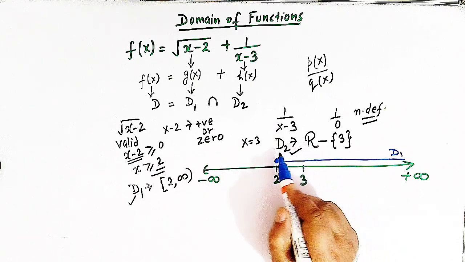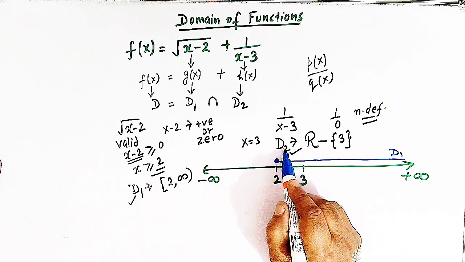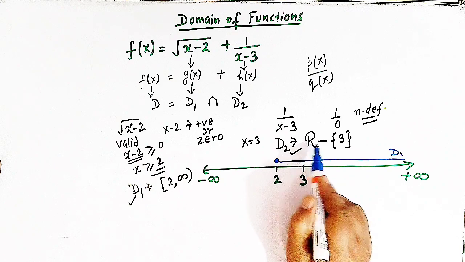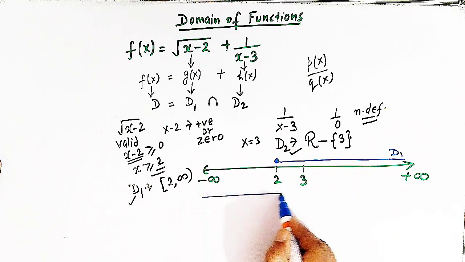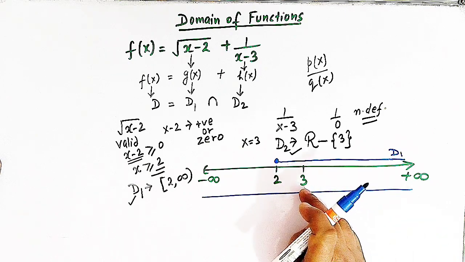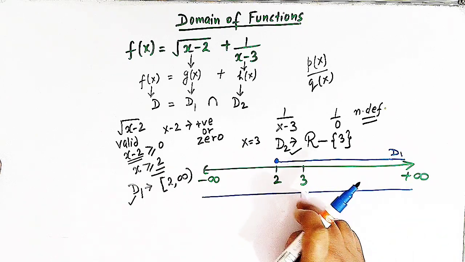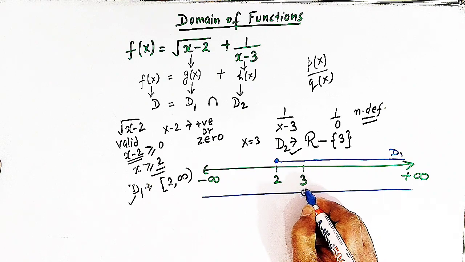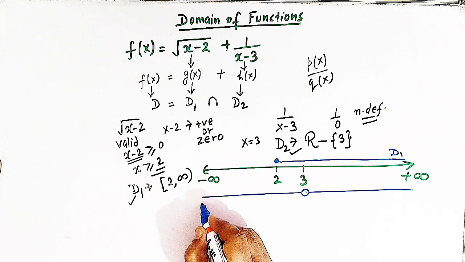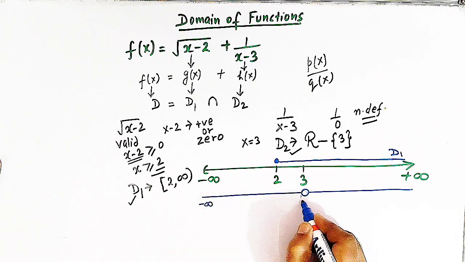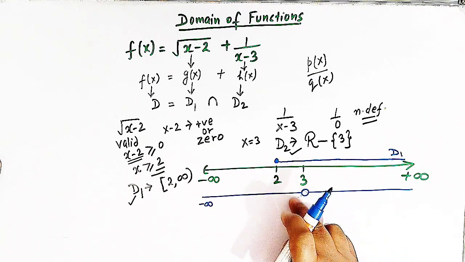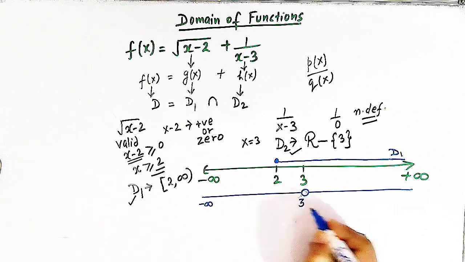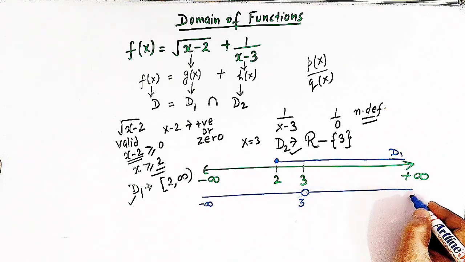Okay, now let us represent this domain d2. So d2 is R minus 3. So here we have the entire real number line, except here we will not include 3, right? So first we'll go from minus infinity to 3, and then from 3 to infinity.